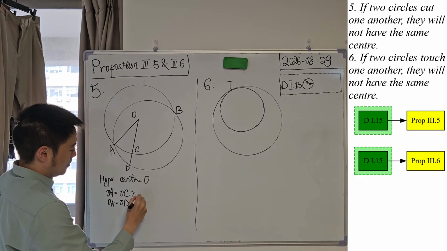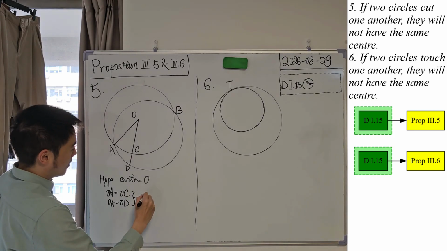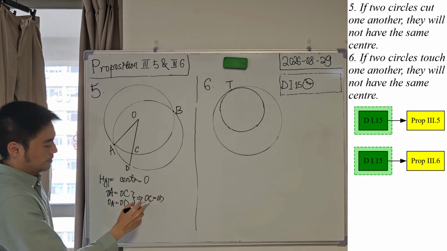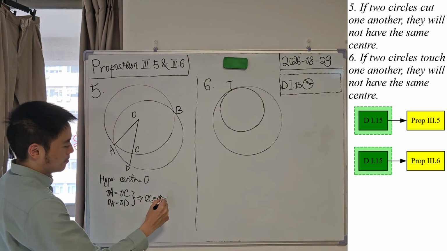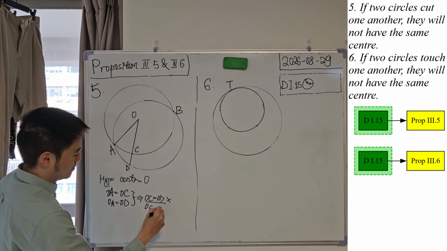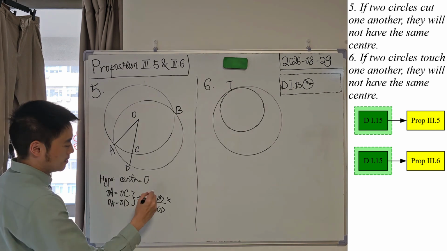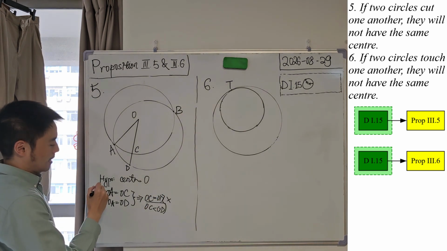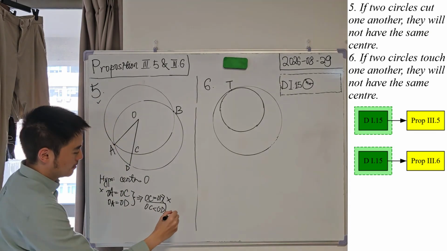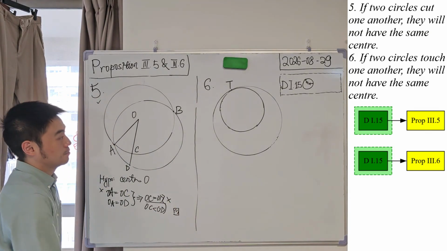Combining them, we can derive that OC is equal to OD, which is obviously contradictory to the fact that OC is less than OD, correct? Which means our hypothesis is false and our proposition is true. And that is the end of the proof.